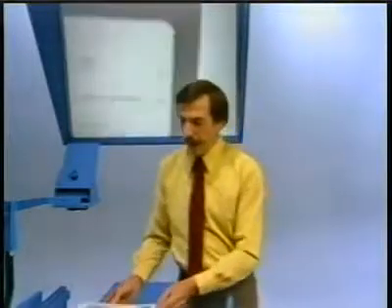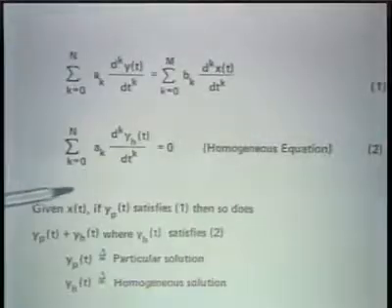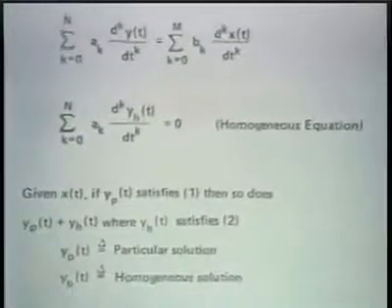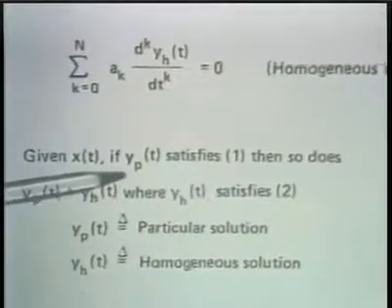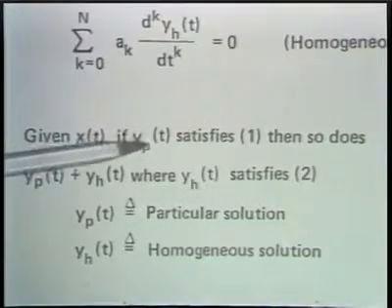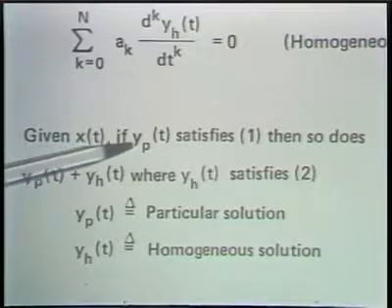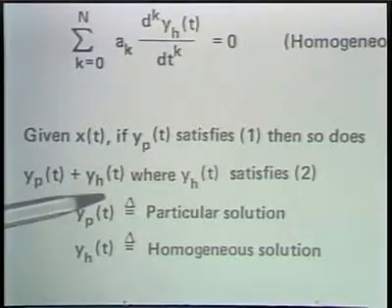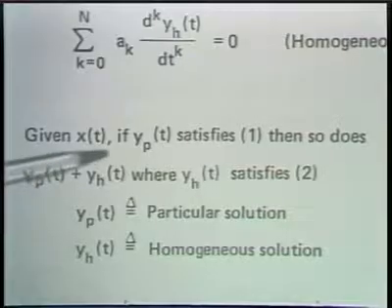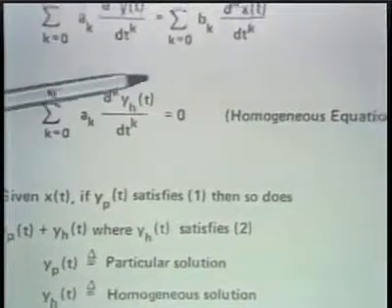Now let's first begin with linear constant coefficient differential equations. And the basic point of the solution for the differential equations is the fact that if we've generated some solution, which I refer to here as y sub p of t, some solution to the equation for a given input, then in fact we can add to that solution any other solution which satisfies what's referred to as the homogeneous equation.